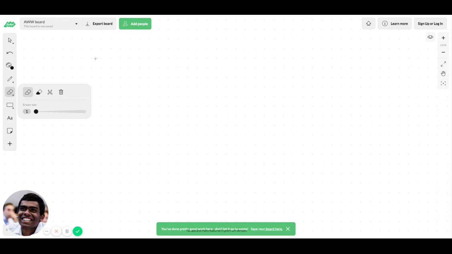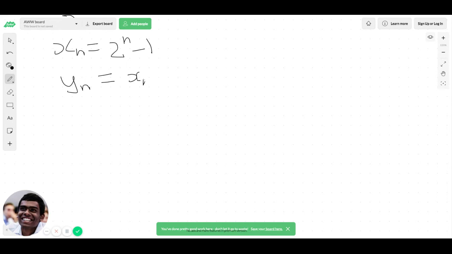So now that we have this, what we know is that x_n equals 2 to the power of n minus 1, and y_n equals, what was it? It was x_n squared plus 2 to the n plus 2. Let's plug this in. So this is (2 to the power of n minus 1) squared plus 2 to the power of n plus 2.